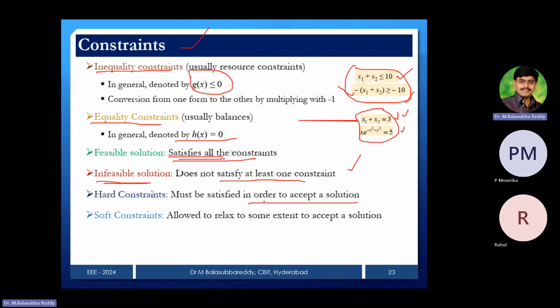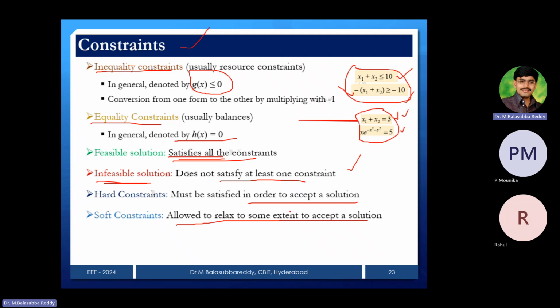It should not allow any relaxation. Whereas for a soft constraint, I can allow some tolerance, for example x1 plus x2 less than or equal to epsilon. That is a soft constraint, which is allowed to relax to some extent to accept the solution.